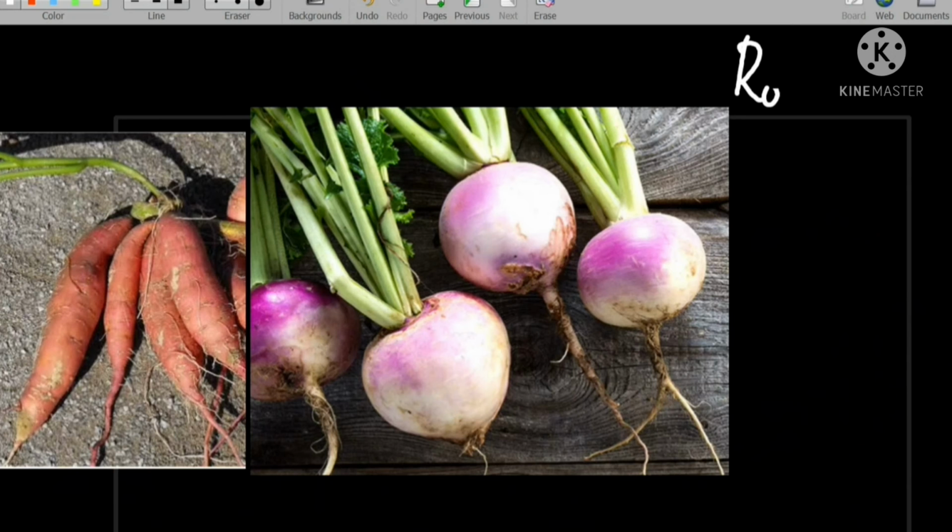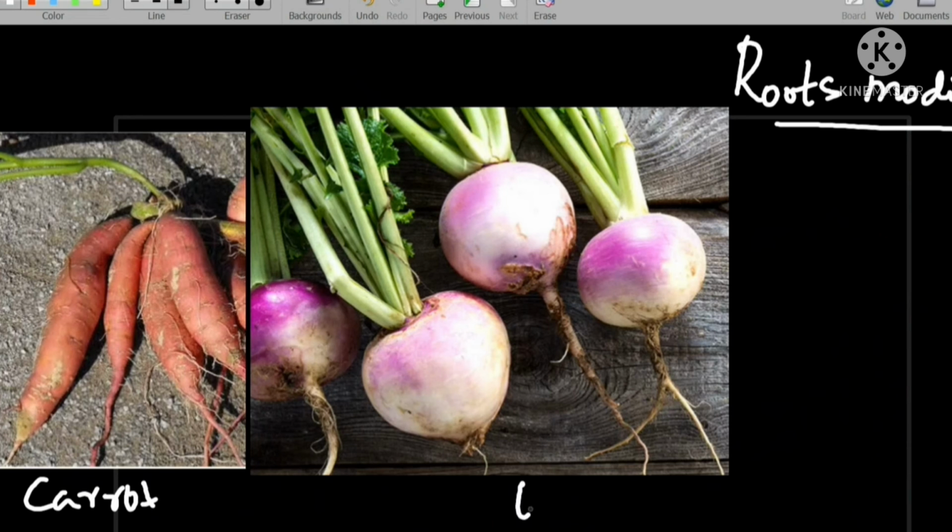Now the roots, their main function is to absorb minerals and water, but the root functions have some modifications. In this case, you can see the carrot and these are the turnips. They are actually the roots of plant, but their function over here is to store food.